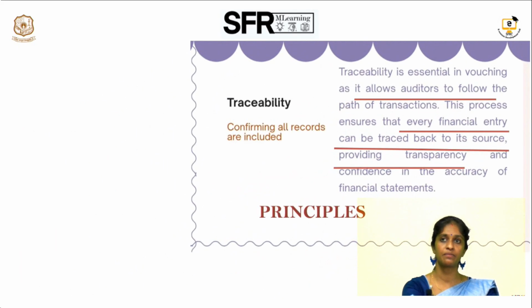And the third prime principle of vouching is traceability. Traceability can also be called transferability. Everything should be open to all, and the auditor should know whether all the accounts are properly maintained. So here, confirming all the records are included with the vouchers, and the transparency.